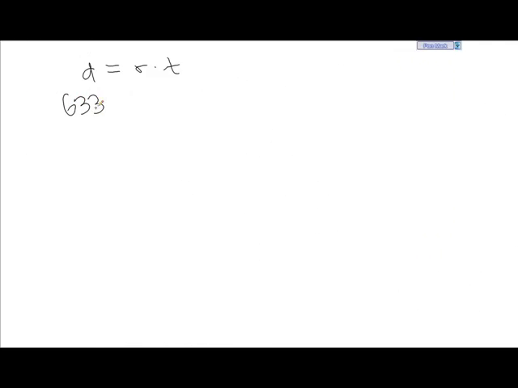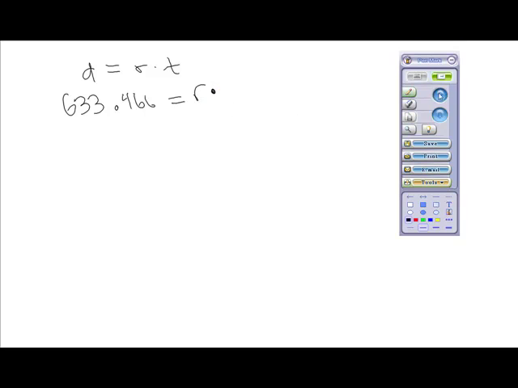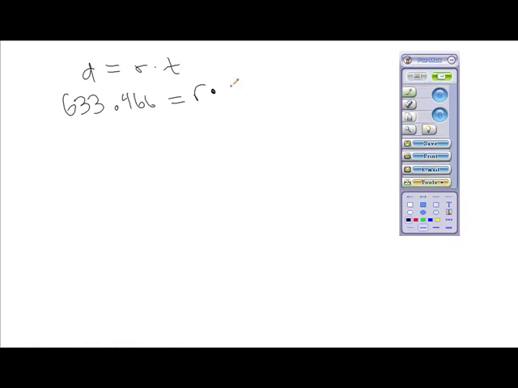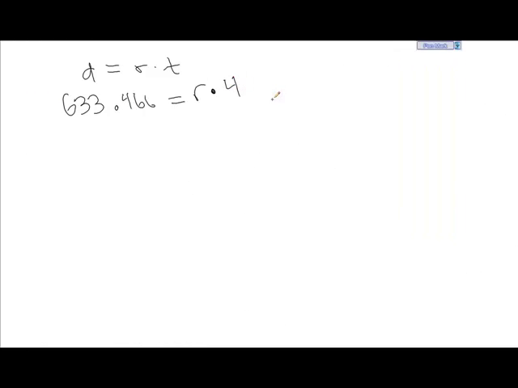At this point, just to be consistent, we can use 0.466, but it's not going to matter because we're solving for a speed. Rate times time, how long does he need to get there? In 4 hours. So we'll put the number of hours here. And now we just divide by 4 to solve for the rate.